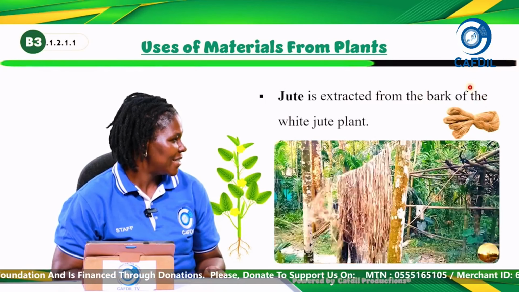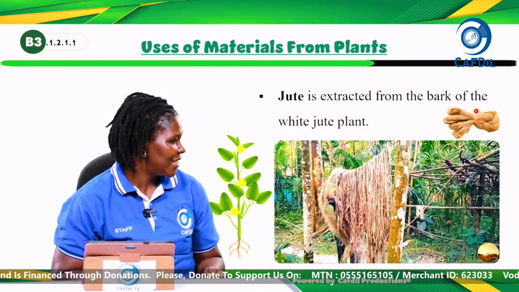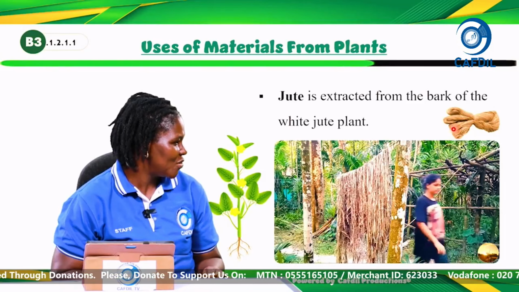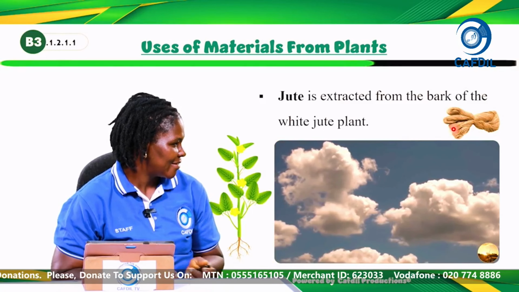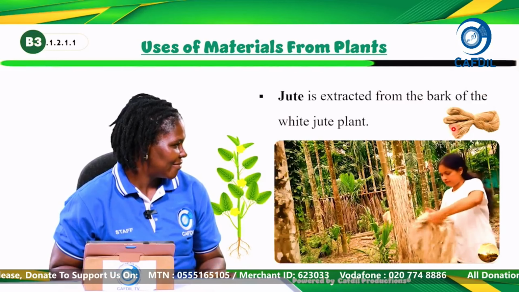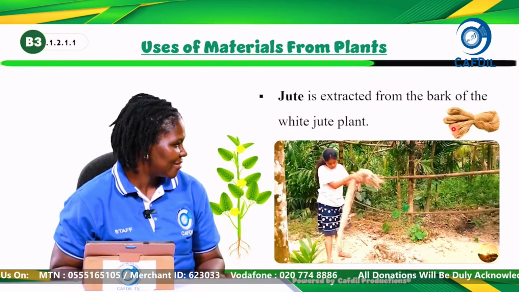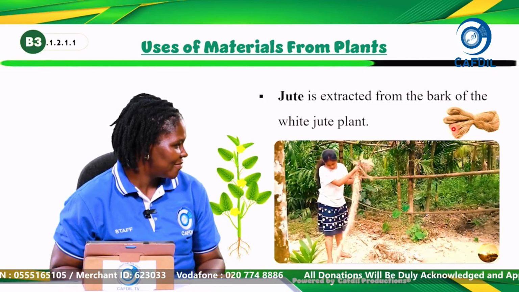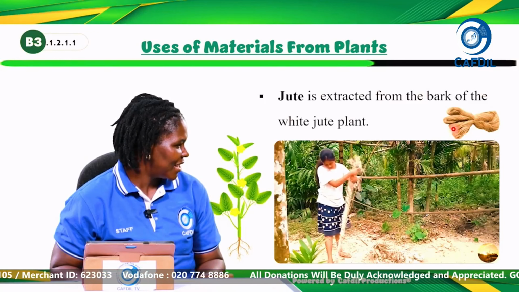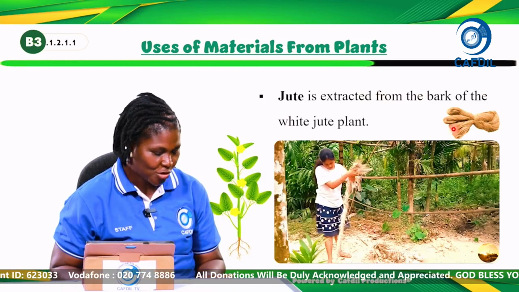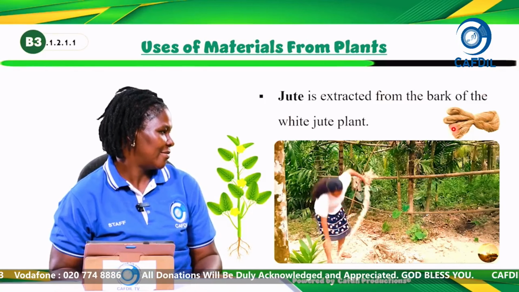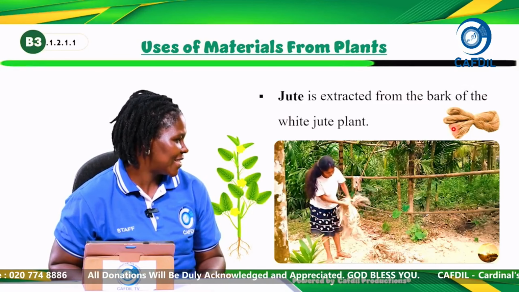They'll tie it like this, and they'll go and hang it on a line. They will dry it. And they have got it. They have got the jute, and now they will use it to prepare the bag or the sack.